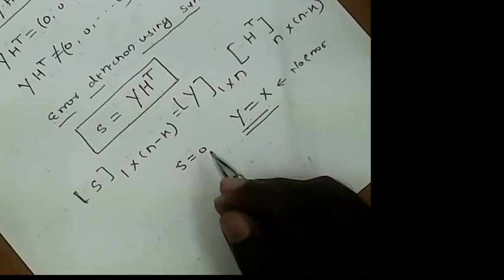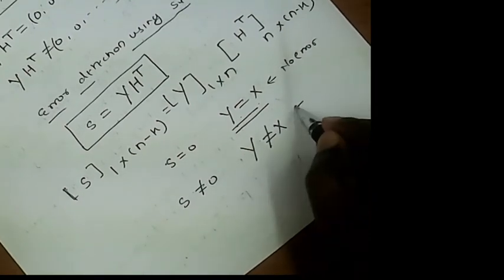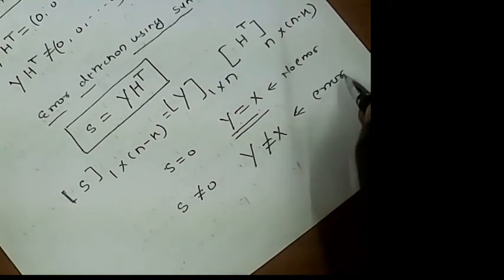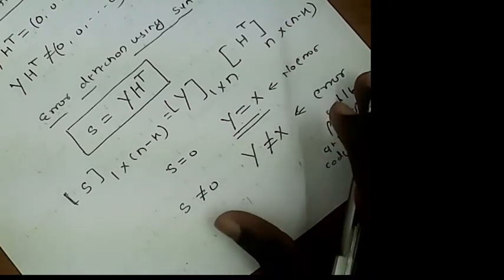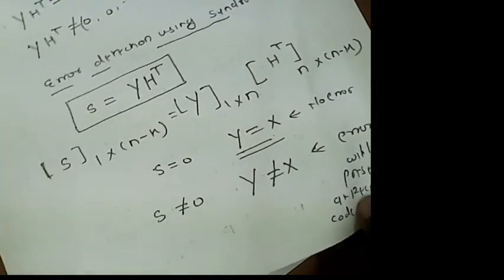And if S is not equal to 0, then the received code word is not equal to the transmitted code word, so an error is present in the received code word, that is y. So this is the property which will be used for the error detection and correction purpose.